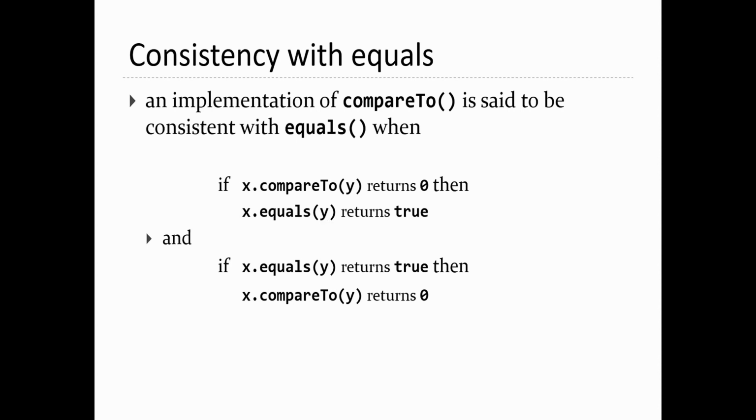Conversely, if x equals y is true, then it makes sense that x compared to y should return 0. If you remember your math, this is if and only if. So both of these conditions must be true for us to say that compareTo is consistent with equals.